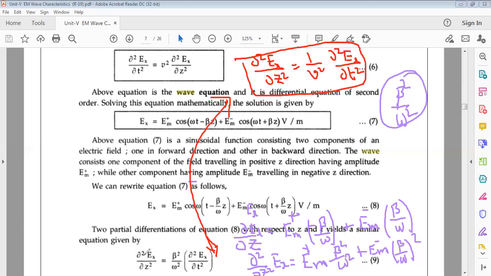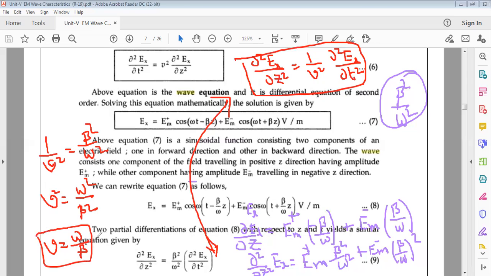See, on the left hand side, both sides are ∂²Ex/∂z² only. On the right hand side also ∂²Ex/∂t², but 1/v² is equal to β²/ω², so v² is equal to ω²/β², and v is equal to ω/β.